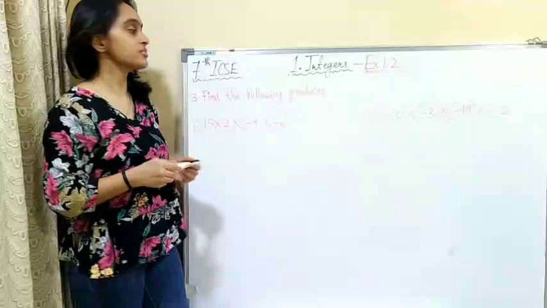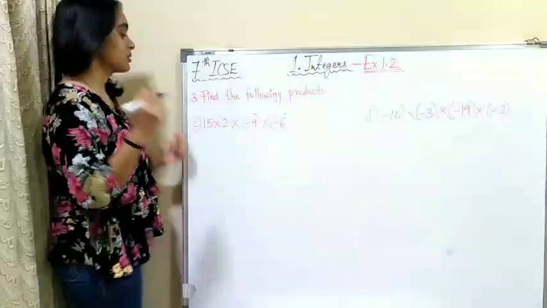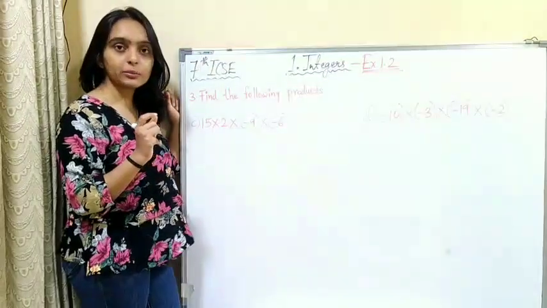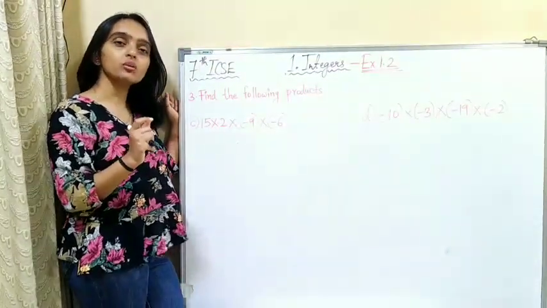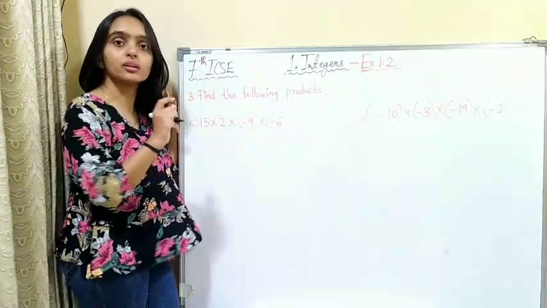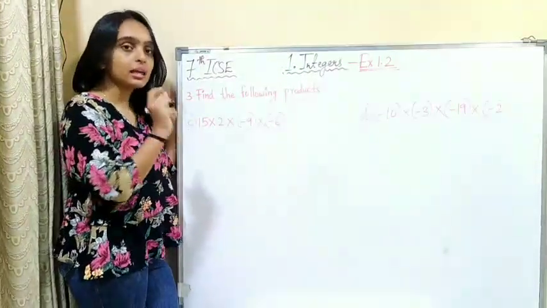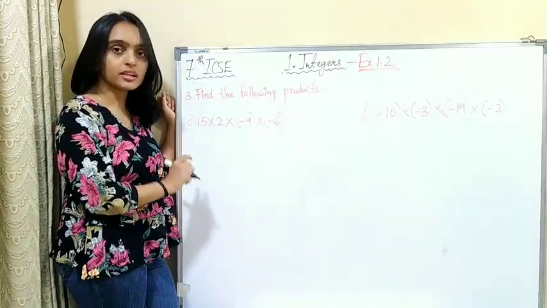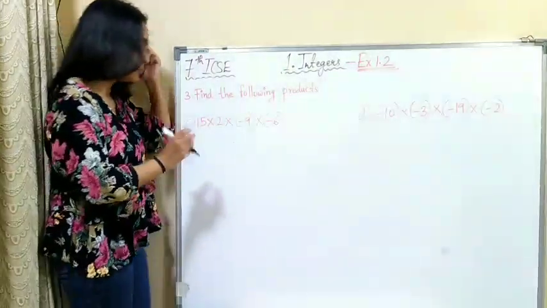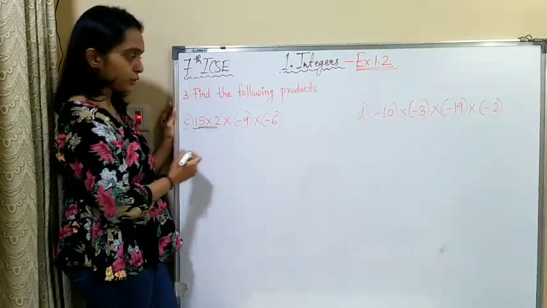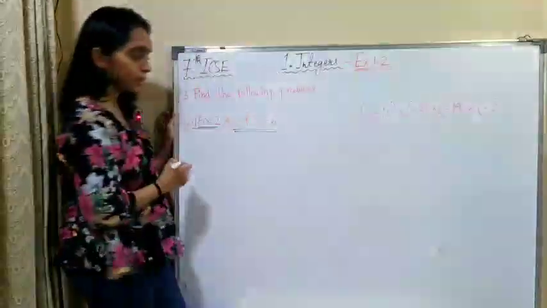The next question is find the following products. The C question. So as you know, for multiplying the integers, the only rule here is to multiply all the given numbers and then according to the rule give the sign to the final answer. Okay. So here you have 15 multiplied by 2 and minus 9 multiplied by 6.